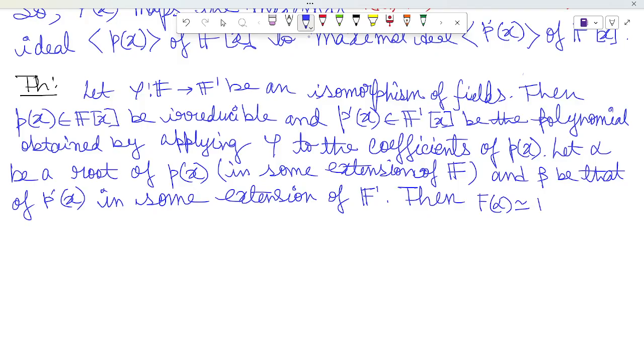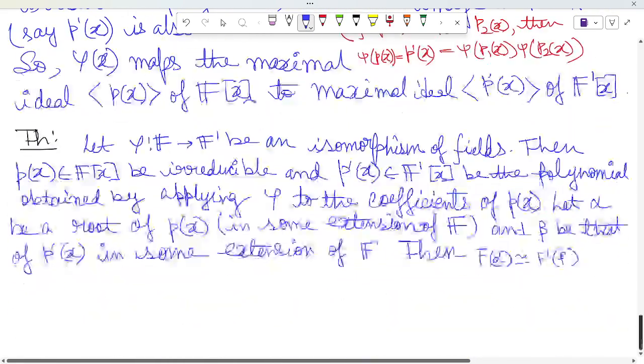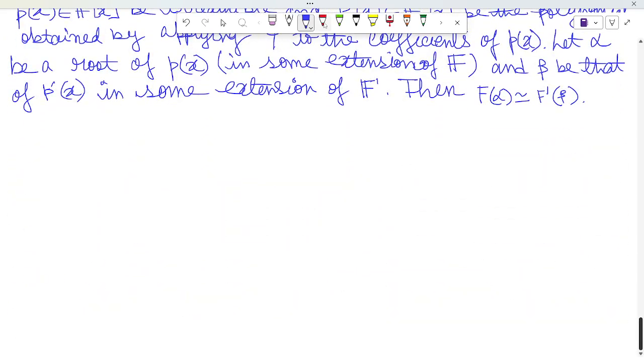Then f alpha is isomorphic to f dash beta. So what is the main theme? The main theme is that we are starting with an isomorphism and we are getting back another isomorphism. I am again explaining the statement.